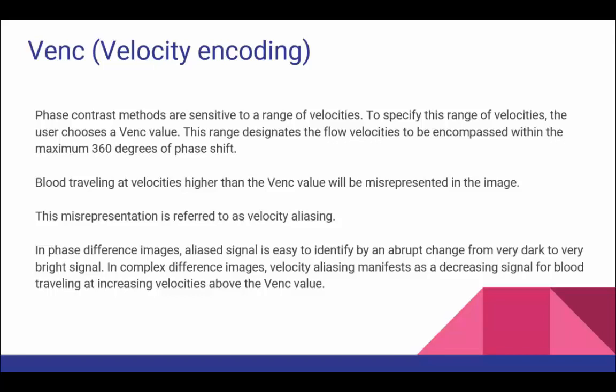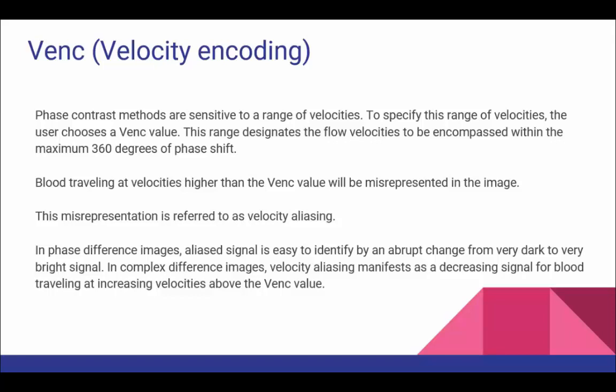In phase difference images, aliasing is easy to identify by an abrupt decrease in signal for blood traveling at increasing velocities above the velocity encoding value. Blood traveling at some velocities above the velocity encoding value gives rise to no signal at all. Thus, it is easy to identify with both phase difference and complex difference processing.